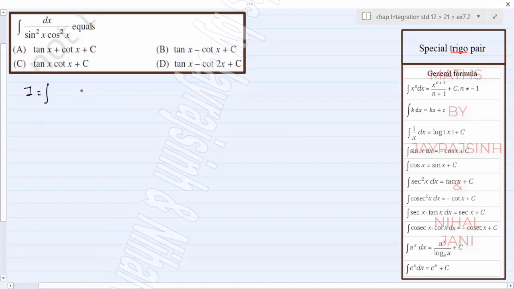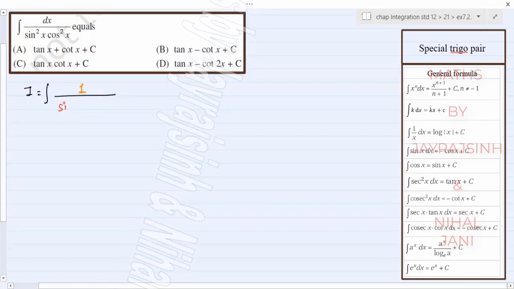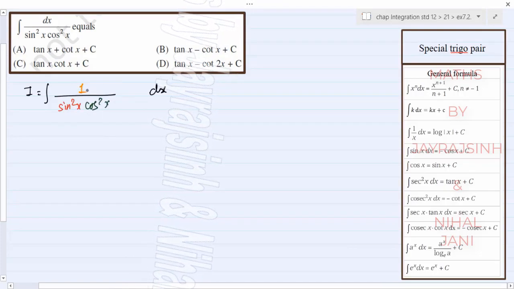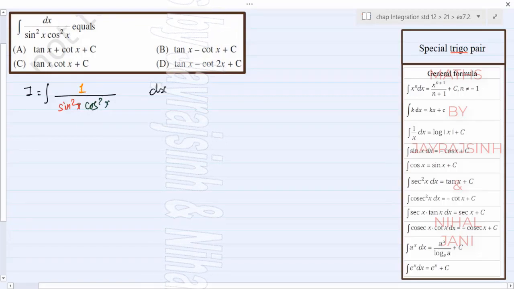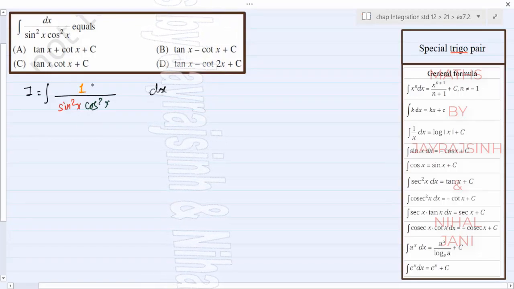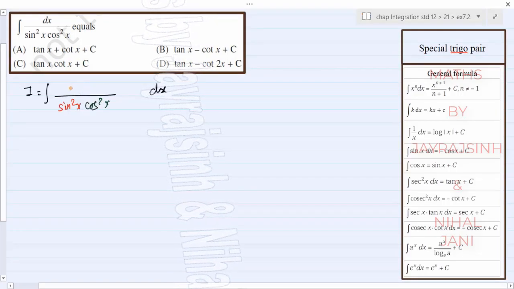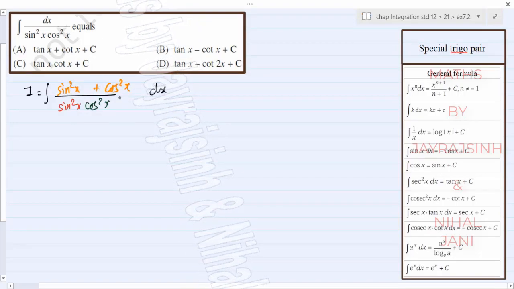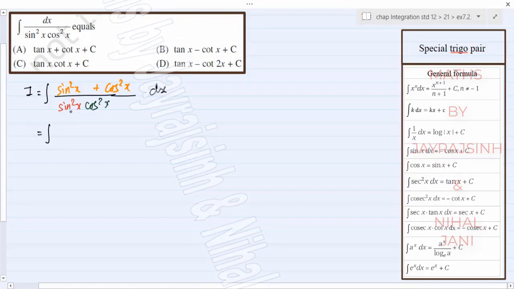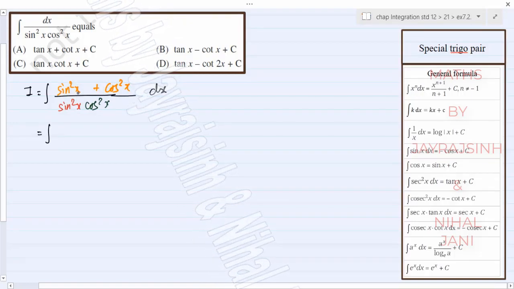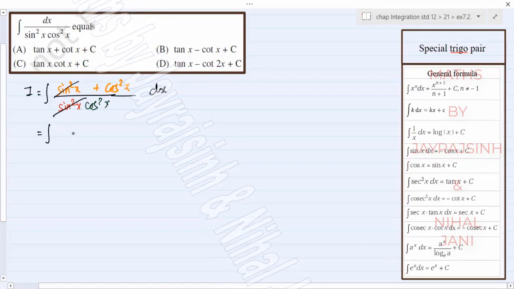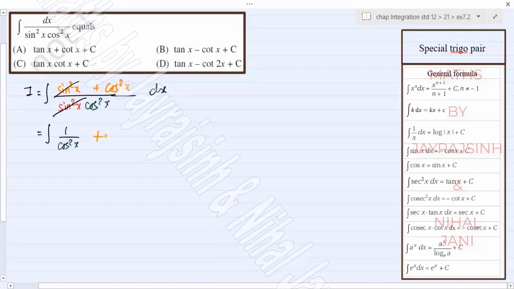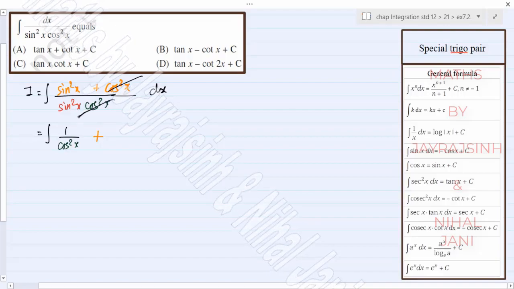Here we have to integrate 1 upon sin square x into cos square x. Here we have to split the numerator, and we have sin square x plus cos square x, which is a special trigonometry pair, in which sin square x plus cos square x is 1. Now we can give individual denominator. So in the first term, your sin square x will cancel out, and we will get 1 upon cos square x, plus in the second term, cos square x will cancel out.